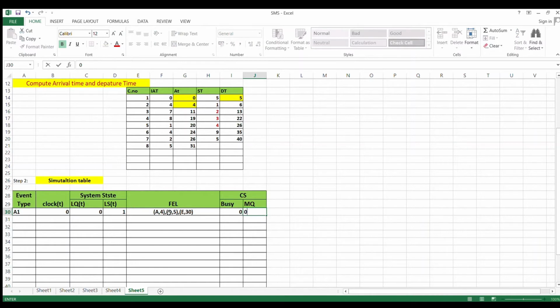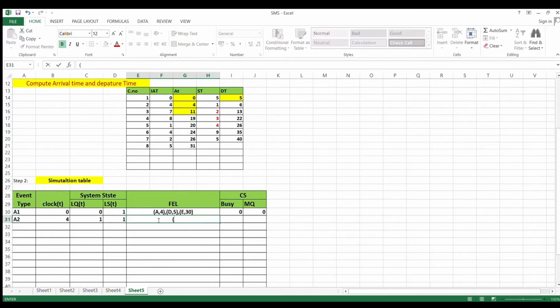Out of these, the minimum is 4. So advance the clock to 4. Event type is arrival of the second customer. So the first customer is in service, and the second customer moves to the queue. We removed the arrival, which means add the next arrival. Next arrival is 11. So minimum is 5.